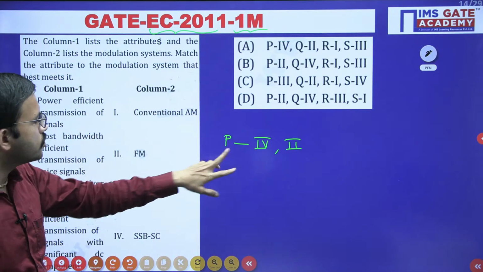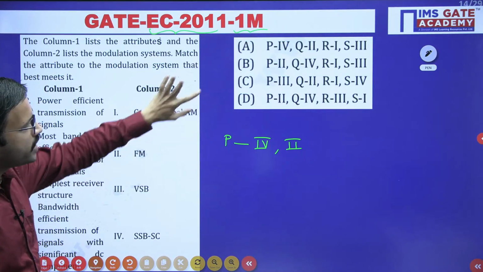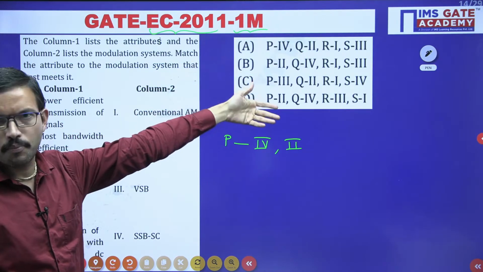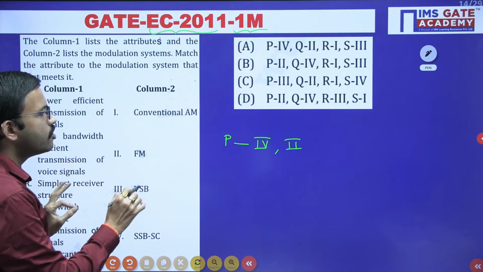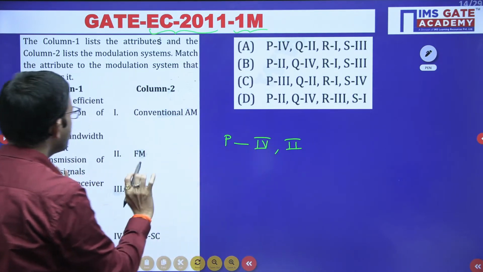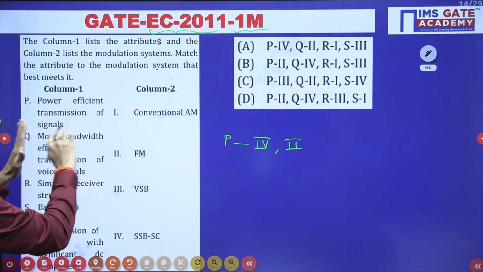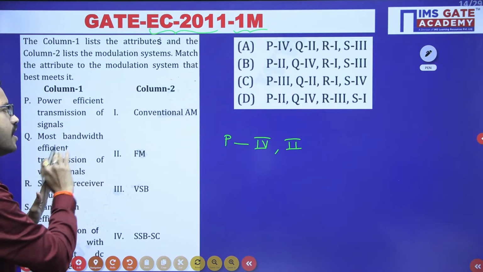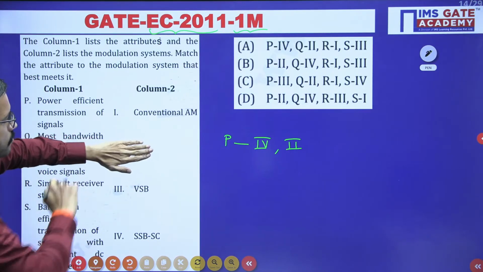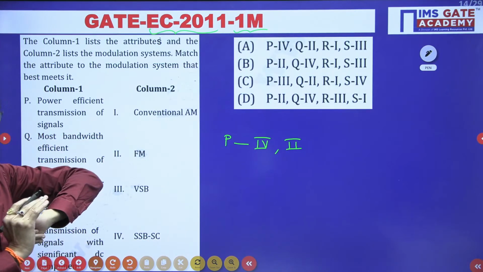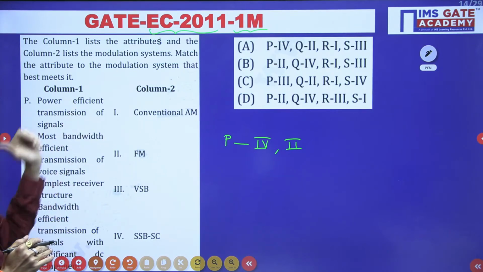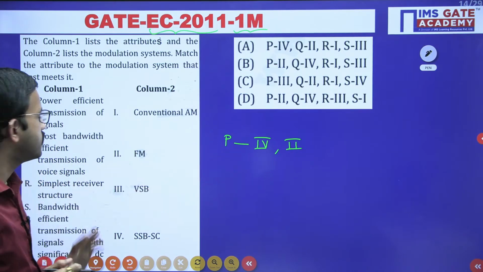Now we have to choose whichever is appropriate. Why I have mentioned two possibilities, you can easily understand. For the time being, other than P, if with the help of the remaining three, somehow you are able to match other than FM, then definitely this FM we can match to this one. That is the reason I have mentioned it here.